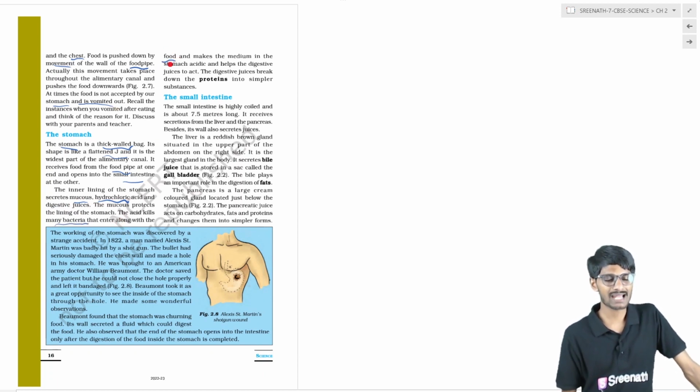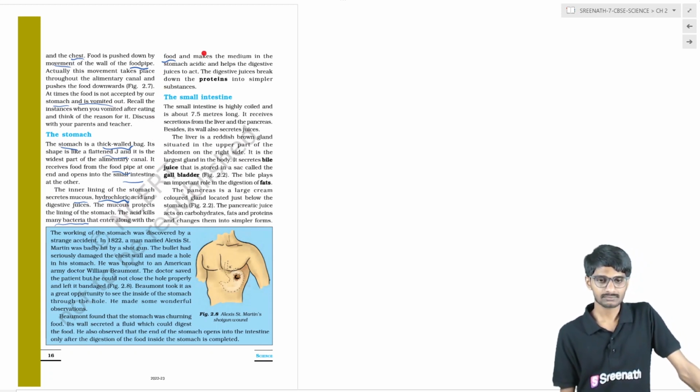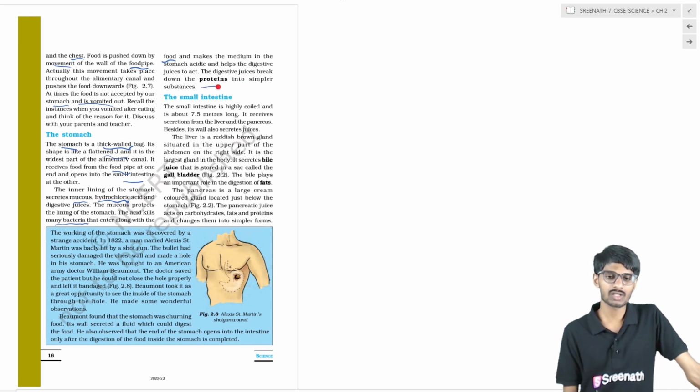It also makes the medium in the stomach acidic and helps the digestive juices to act. The digestive juices break down the proteins into simpler substances. And after that, what is there?